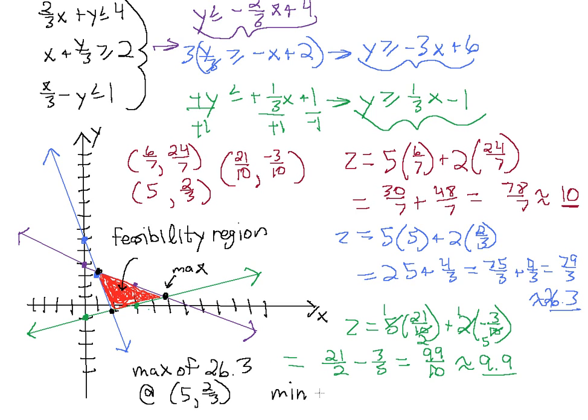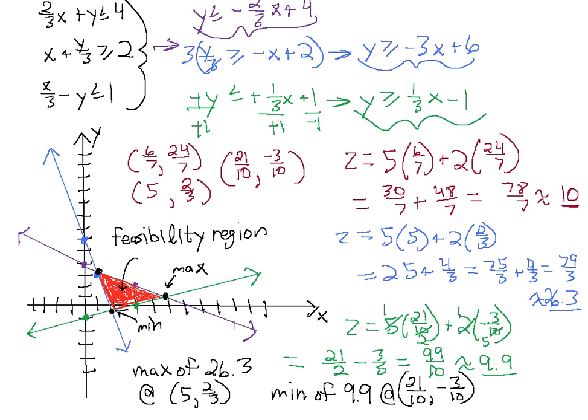Remember, we wanted the maximum and minimum value. We have a minimum of approximately 9.9 here, and that occurs at the point (21/10, -3/10). So this is our minimum value here.